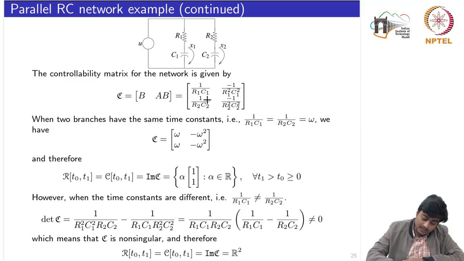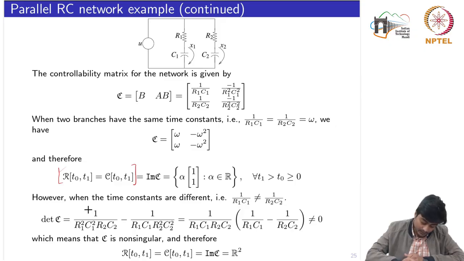So if I put R1C1 equal to R2C2 here, we would have the controllability matrix equal to this, and therefore the reachability subspace is equal to the controllability subspace, which is the conclusion we had seen in the previous example. It is again the image of C, which is again given by some alpha times 1.